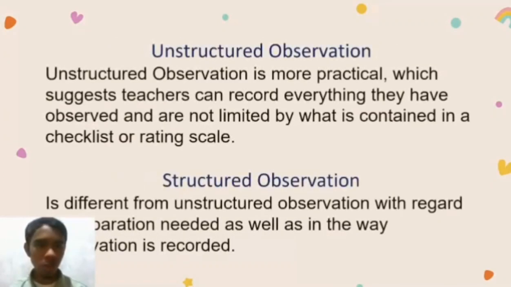So there are two types of this. We have the unstructured and the structured observation. This typically means in an unstructured way, the teachers just observe the students in a direct manner. There's no structured format on how these teachers should do it.